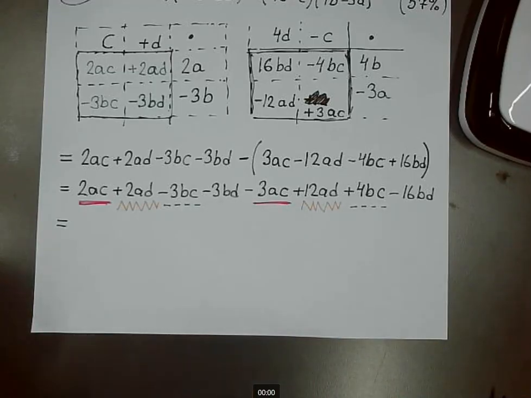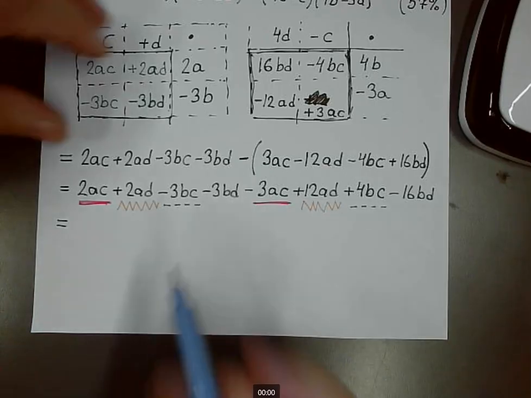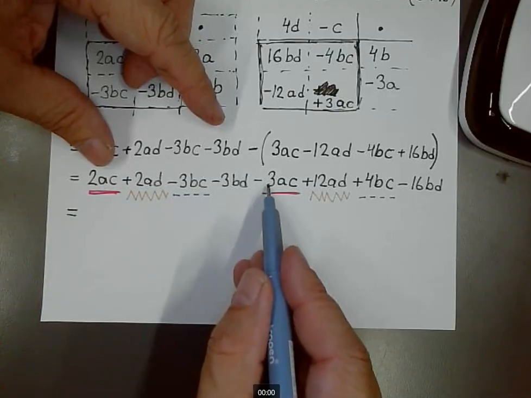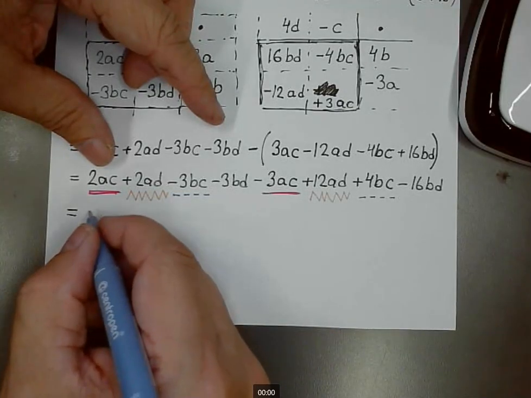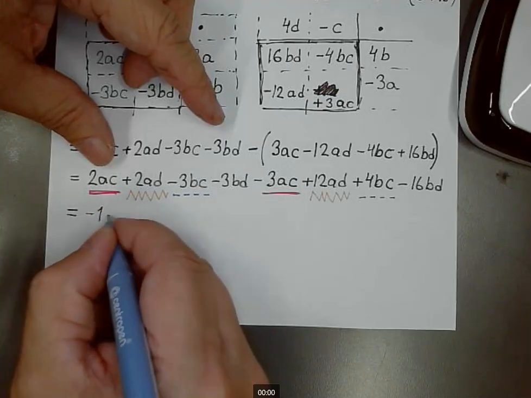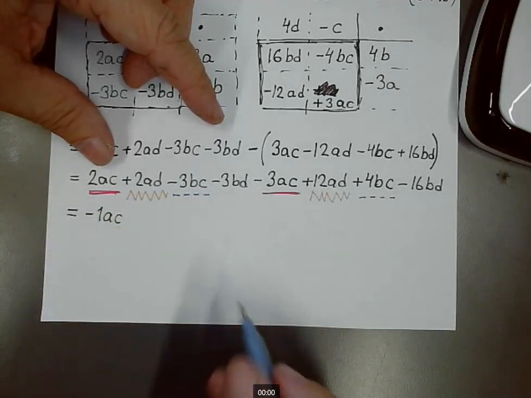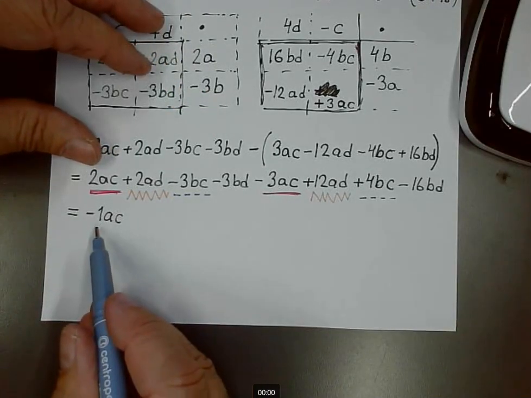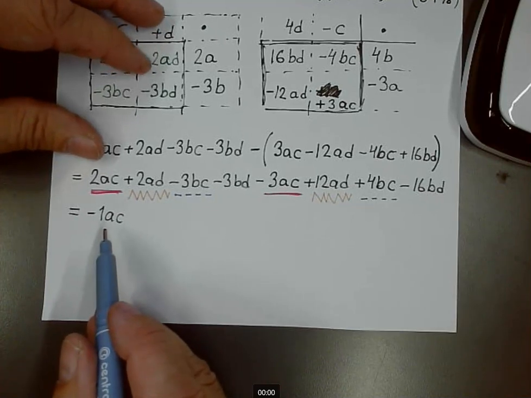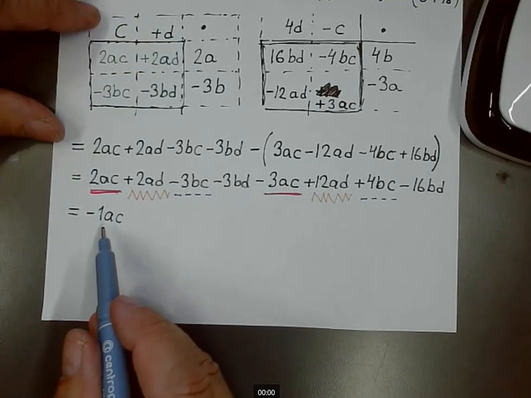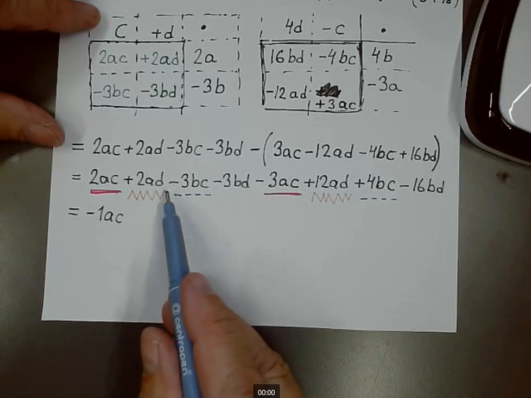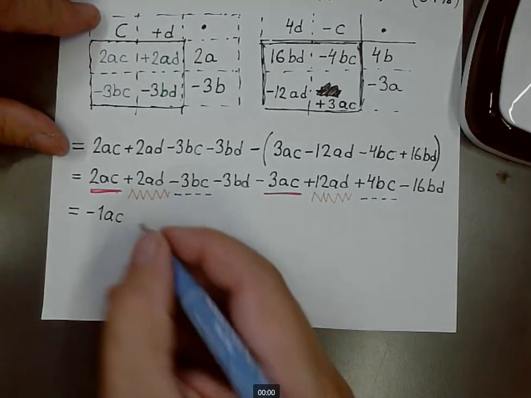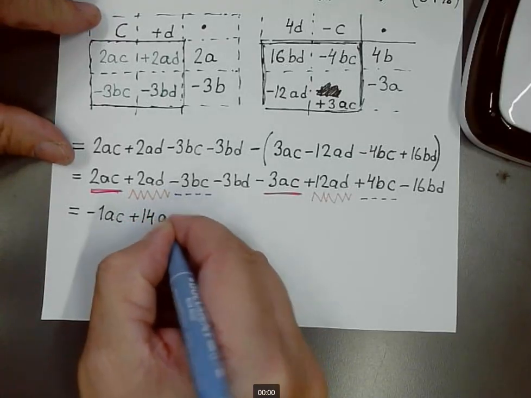So now it is easier to get the result. We have 2AC, we have 2 and minus 3. That is minus 1 AC. 2 minus 3, it's minus 1. This 1 is not necessary to write there, but right now I will write it. And then we have the AD part, there are 2 and there are 12, so totally plus 14AD.